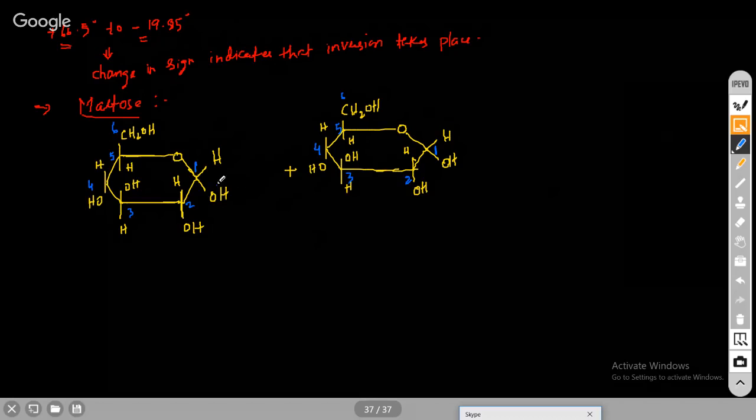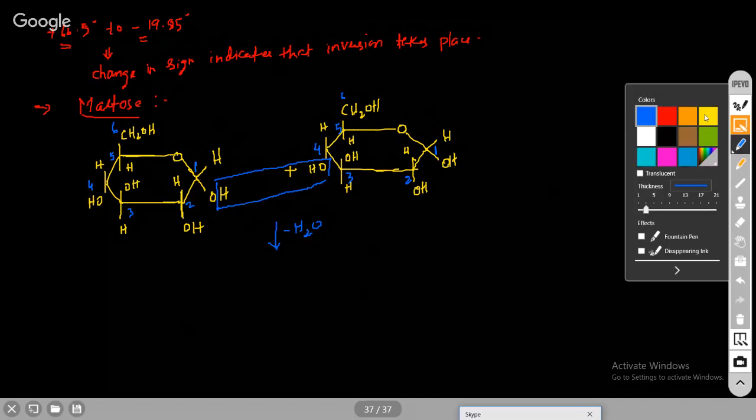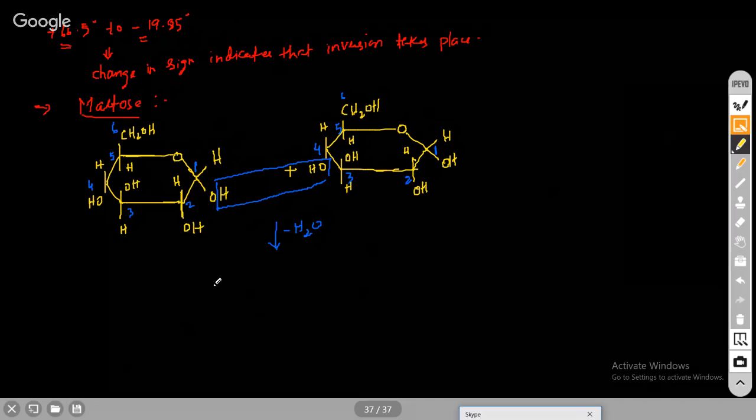Now this H and this OH will condense, right? An H2O molecule goes out, and we get the product here, which is nothing but this.